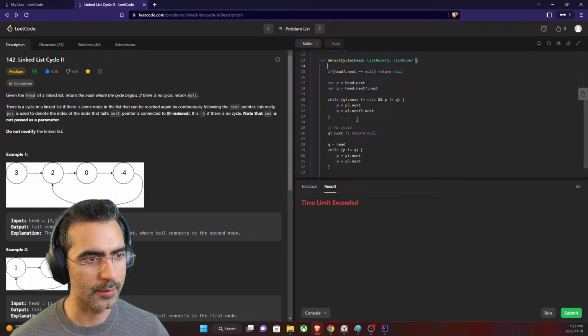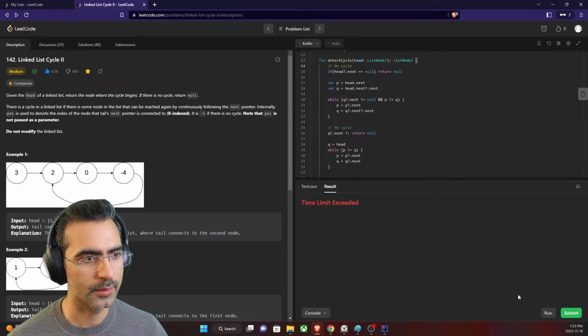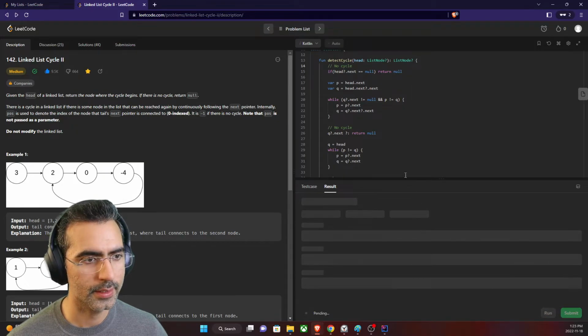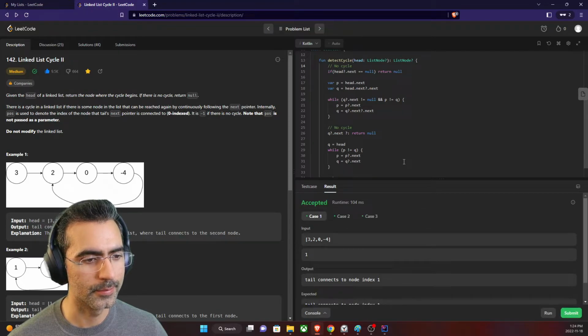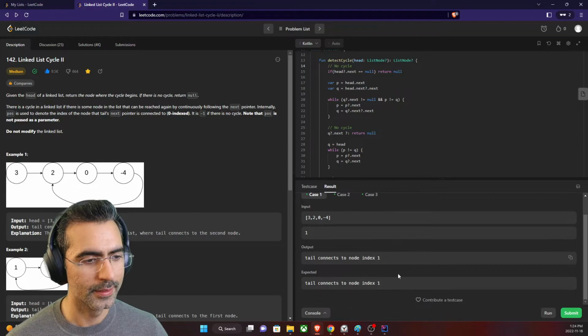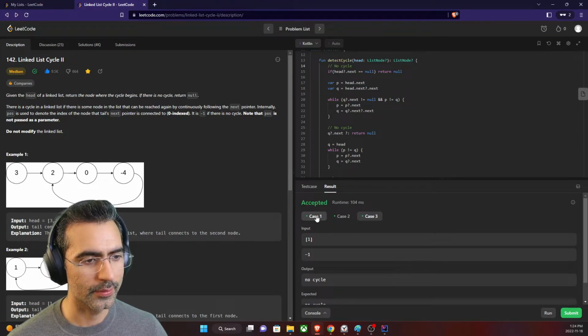And it's the same case with here, same on line 15. I'm quite sure that this should solve our problem. Amazing. And we got it correct for all three cases here.